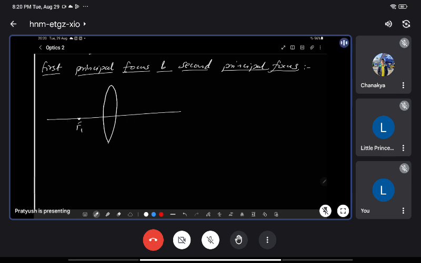First principal focus F1 will be a point at which if we place an object, then the image of that object will be formed at infinity.